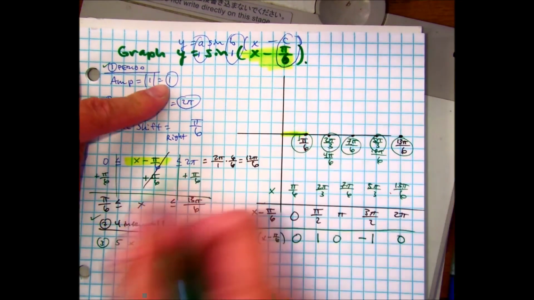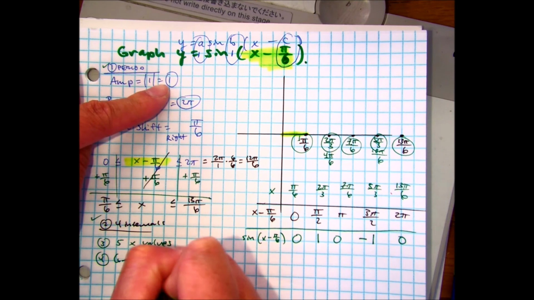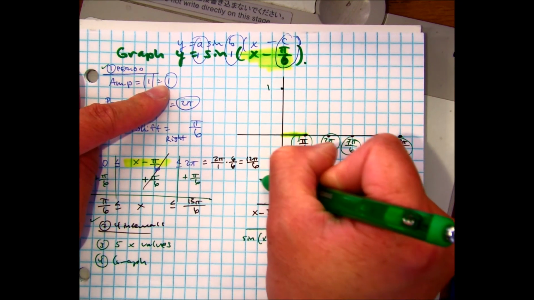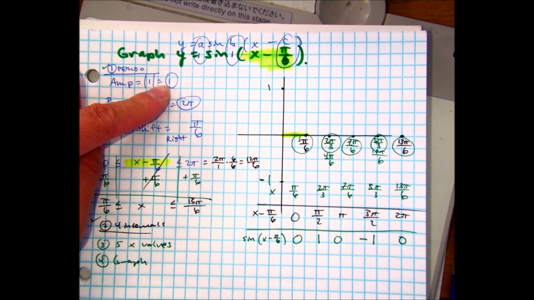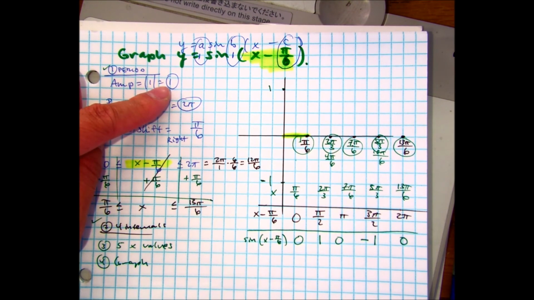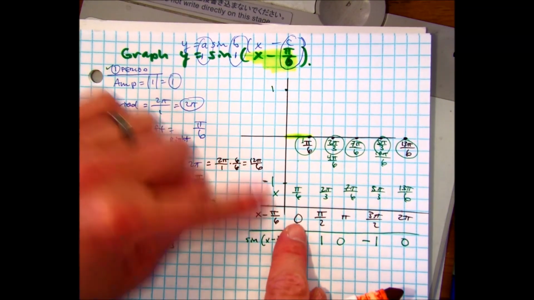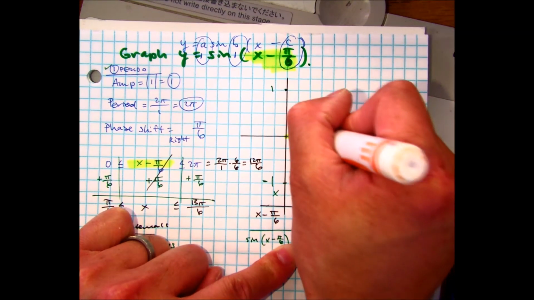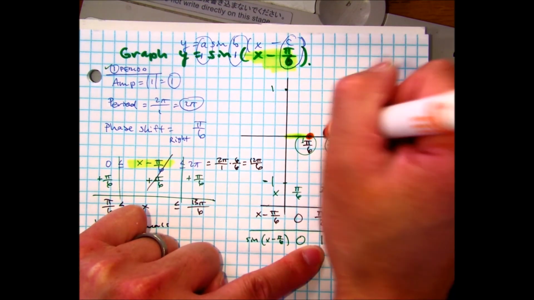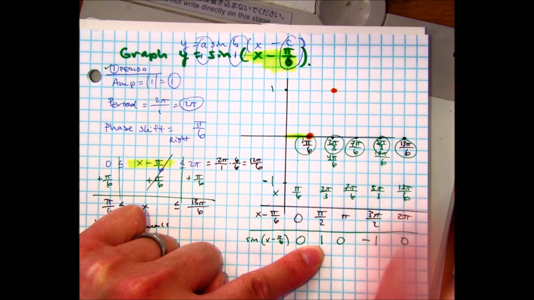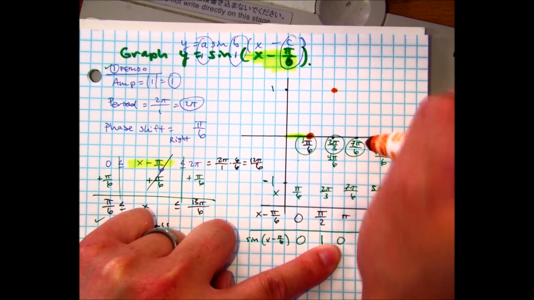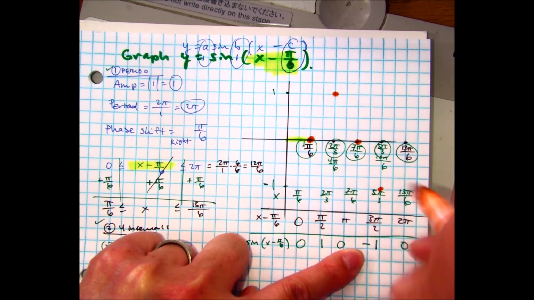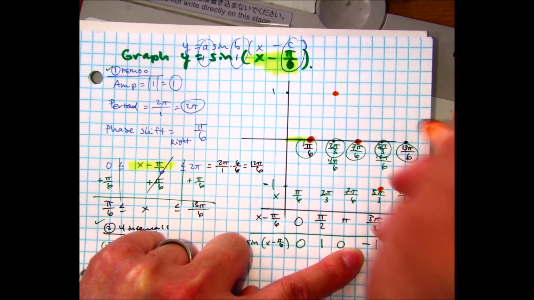So I'm going to graph it. I have an amplitude of 1. Graph it. So now I have 0 at pi over 6, 1, 0 at 7 pi over 6, sorry, -1, and 13 pi over 6 is 0.